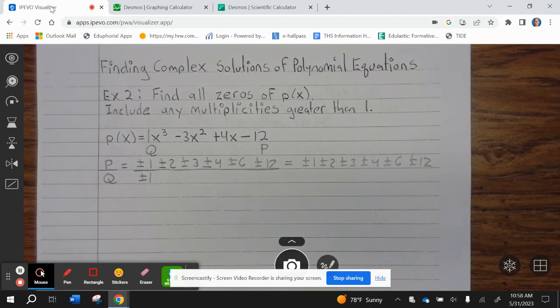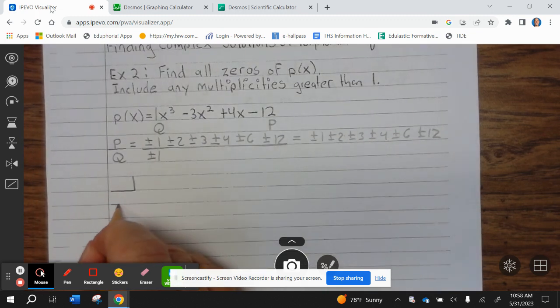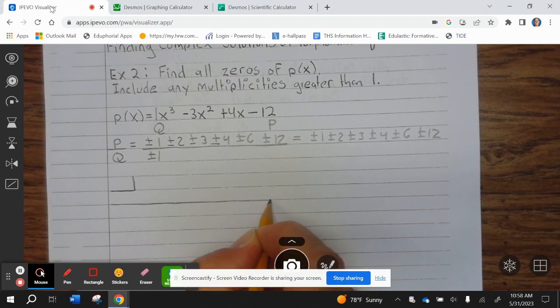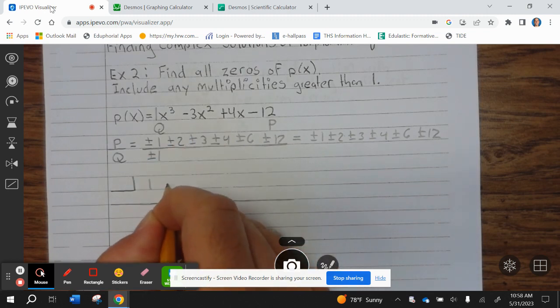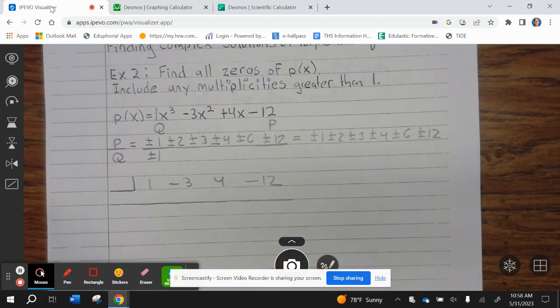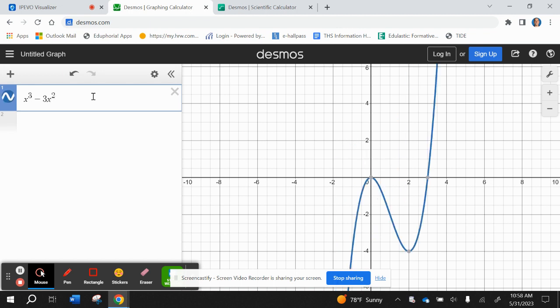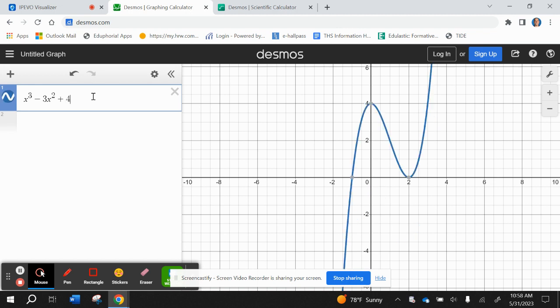Now, again, we're going to use synthetic division. We have 1, -3, 4, -12. And let's go ahead and graph this to find one of the zeros. So that's x cubed minus 3x squared plus 4x minus 12.